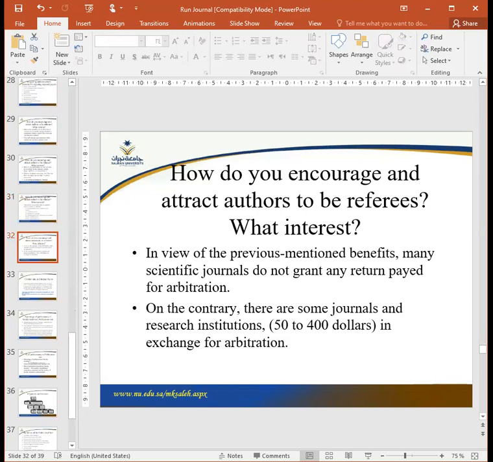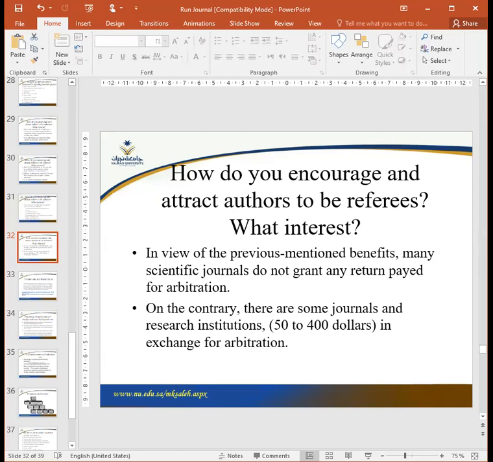In view of the previously mentioned benefits, many scientific journals do not grant any paid return for arbitration. On the contrary, there are some journals and research institutions, especially those who give a referee an amount of money ranging from 50 to 400 US dollars in exchange for arbitration.